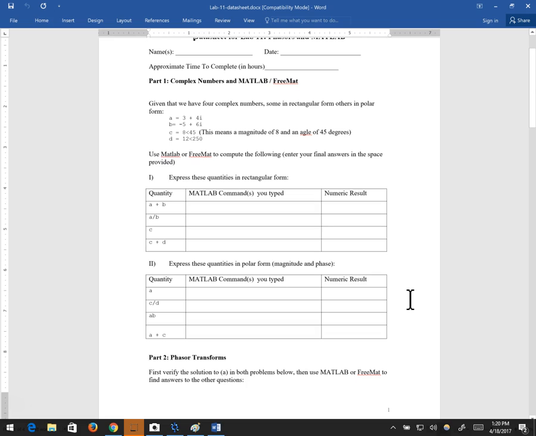Try checking it on your calculator. As we do in a lot of engineering, we want to make sure that our models are correct. We try a couple of different ways to get confirmation of what we're doing. So a few values you're going to do some operations on. Here's A, here's B. Going to calculate that into rectangular form, and just do some arithmetic with that stuff.